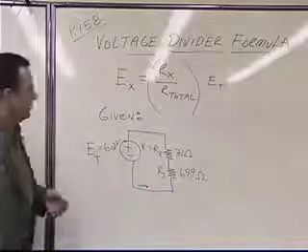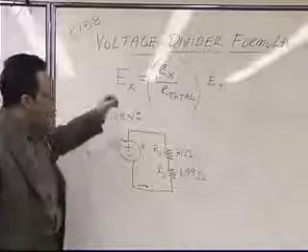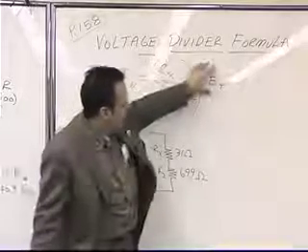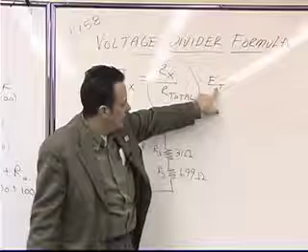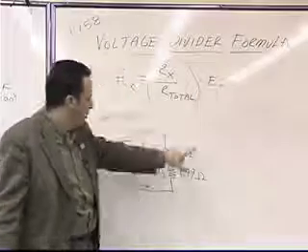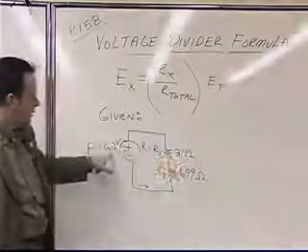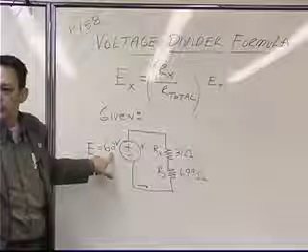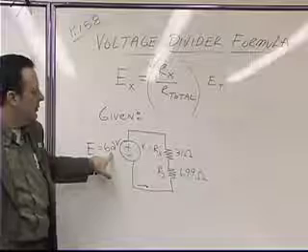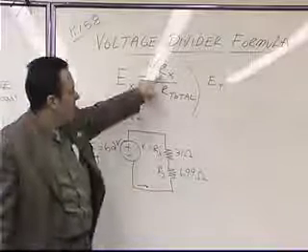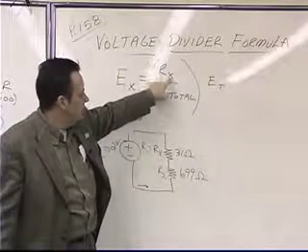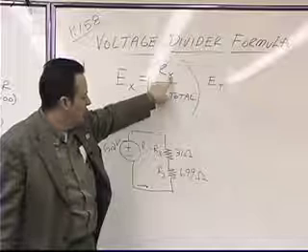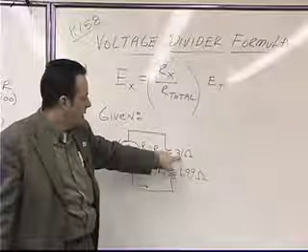Okay? Now, this right here, E sub t, is equal to what? 62. The source voltage. 62 volts. Okay? R sub x would be equal to what? 31 ohms.